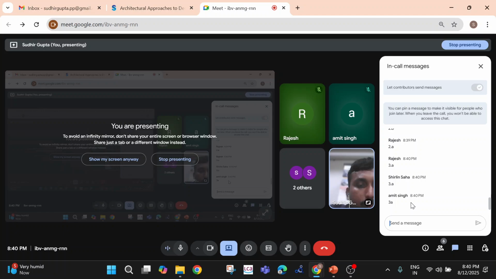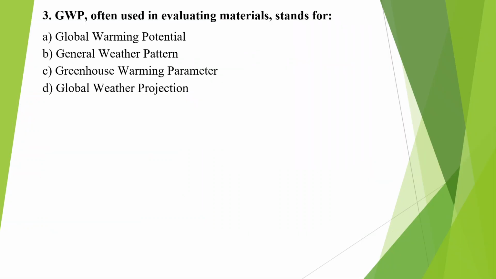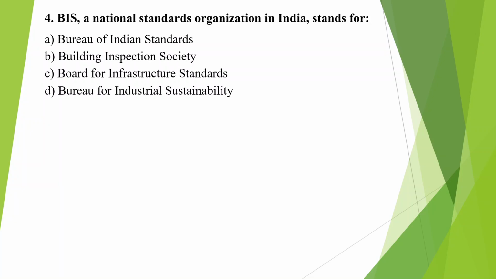Rajesh was the first to answer this question, and Celine and Amit. All of you have participated in this session and answered it correctly. So everybody is fine with the term GWP. If it is often used in the upcoming lectures also, you will be able to relate it.